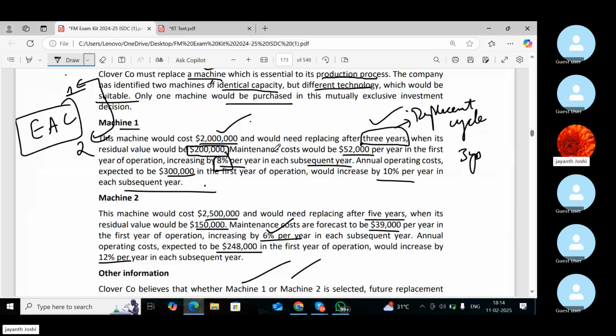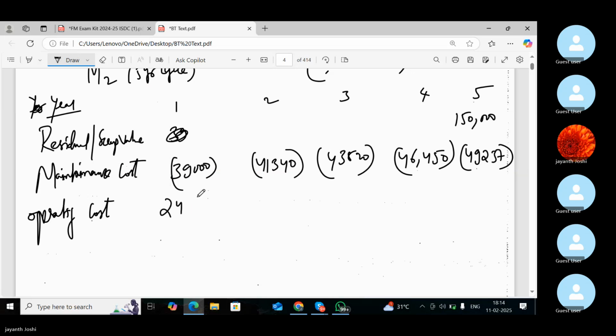Operating cost, it's 248,000, increasing by 12%.